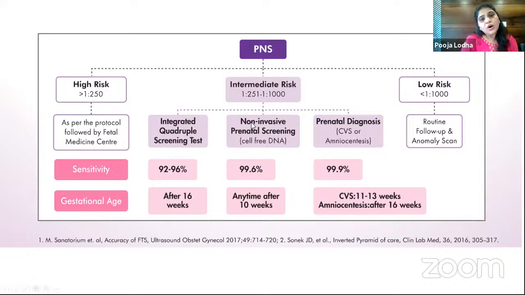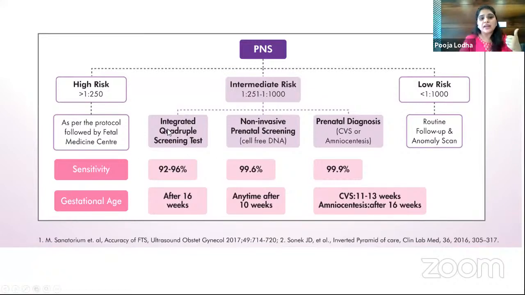Now, looking at the algorithm as to what to do next when you have an intermediate risk: of course, when you do a double marker and a good NT scan, you get a low risk, you do routine screening and no further testing is required. If there is high risk, as per the protocol, you go ahead and do a chorionic villus sampling or an amniocentesis as per your protocol. But if there is an intermediate risk, there are 3 options we have.